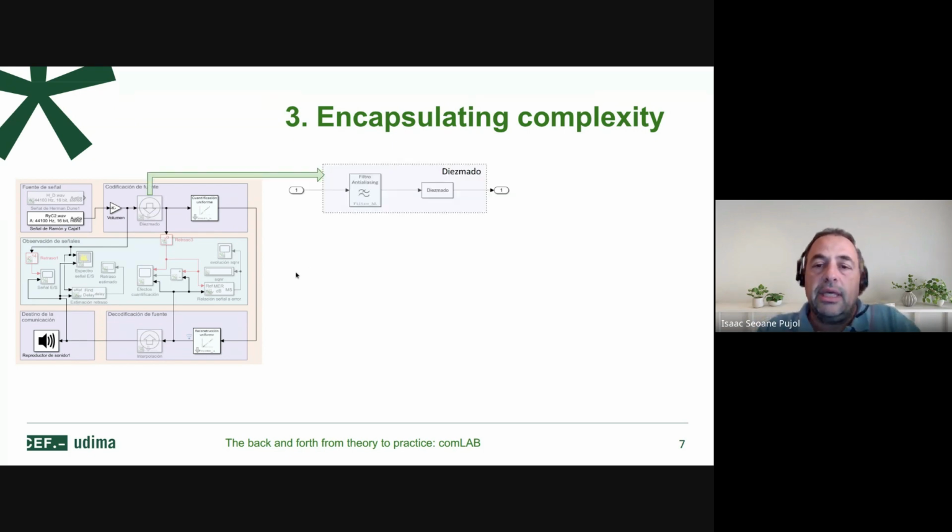So this way of working can also make different layers to encapsulate the complexity of the problem, because we may only need to show whatever is happening in blocks that are near to us at a very high level, or maybe we want to know what is happening in the deeper part of the chain.